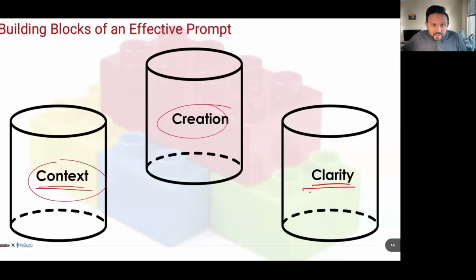Provide me the correct answer and a succinct bullet point explanation. Do you see how that allows for that just added layer of nuance so that then you can iterate on that? Context, creation, and clarity. These are the 3 building blocks that we've based our ChatGPT USMLE prompts on.